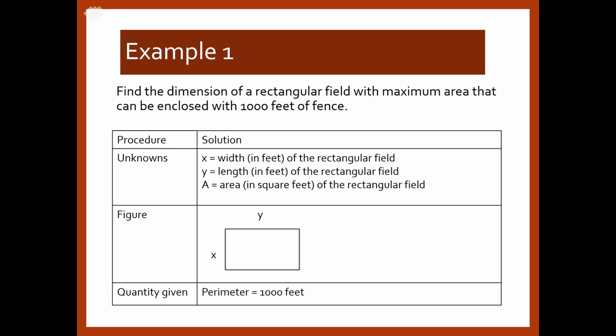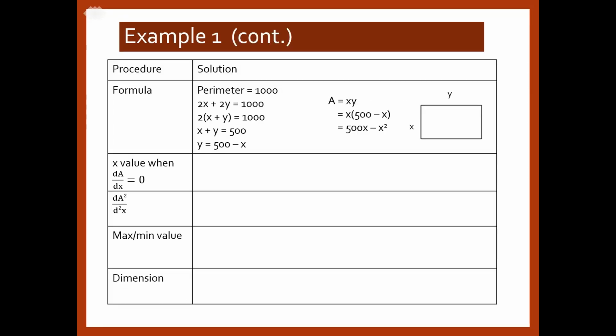The rectangular field can be represented by the following figure, given that the perimeter of the rectangular field is 1000 feet. The perimeter is represented as 2x plus 2y equal to 1000. Simplify this equation, you will get x plus y equal to 500. Thus, y is equal to 500 minus x.